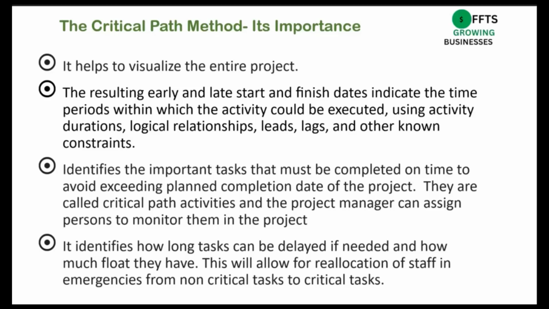It identifies the important tasks that must be completed on time to avoid exceeding the planned completion date of the project. They are called critical path activities, and the project manager can assign persons to monitor them in the project. It identifies how long tasks can be delayed if needed and how much float they have. This would allow for the reallocation of staff in emergencies from non-critical tasks to critical tasks.